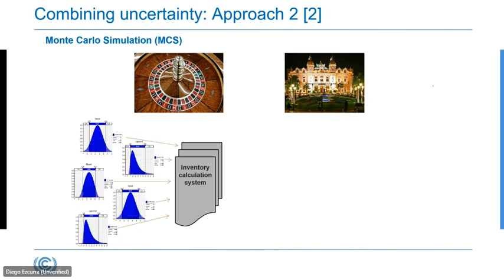So if we substitute the input to our GHG inventory, and instead of introducing a value for the fuel consumption or a value for the emission factor or a value for the number of cows or a value for the amount of propylene produced in the country, we substitute those values with their probability density functions, we are able to run a simulation where we can calculate several times the number we want: 10 times, 100 times, 1,000 times, 10,000, 1,000,000 times.